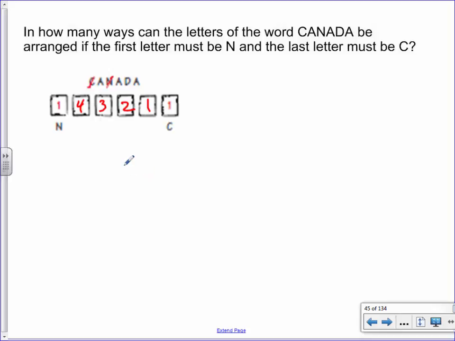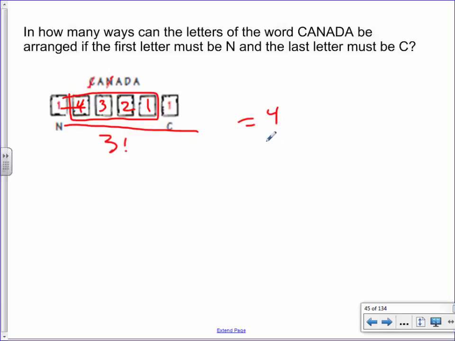So I can still throw on a restriction that forces the first and last letter to be in a certain spot, but I still have to divide by the repeat letters, because what letter is repeated 3 times? So it's not actually 6 factorial over 3 factorial because they put a stipulation on. It's actually 1 times 1 times, really this middle section is like a 4 factorial. So there's only 4 ways.